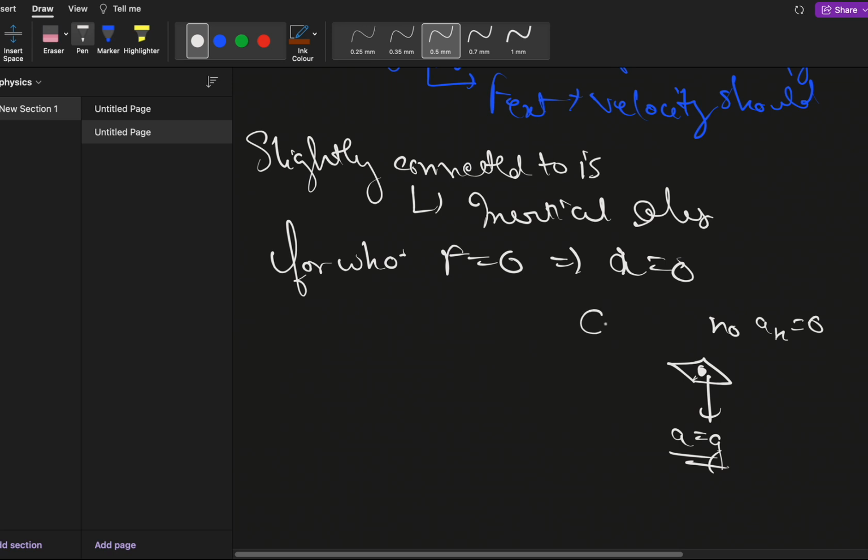And now I am here, seeing this apple, and I am running with acceleration a. So what I will be observing is that this apple is moving towards this direction.